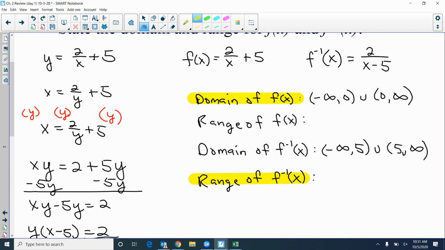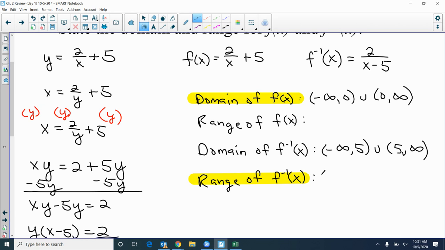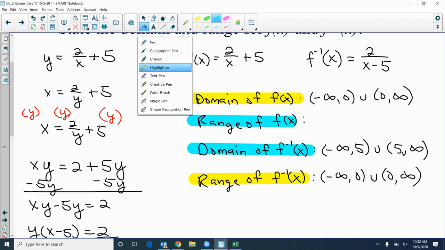So you don't have to physically figure out the range. You just know the domain of the function, and now that's going to be negative infinity to 0, union 0 to infinity. And then the domain of the inverse is going to be the same as the range of the original function.